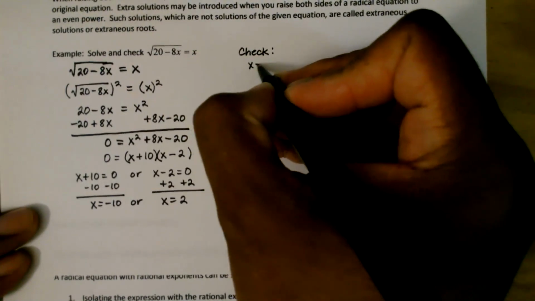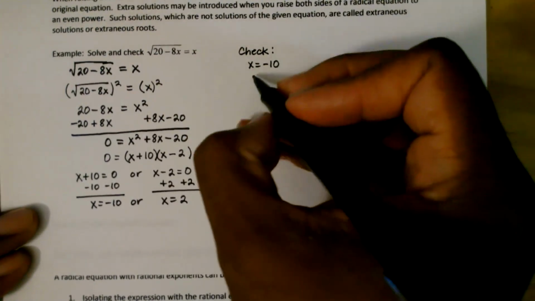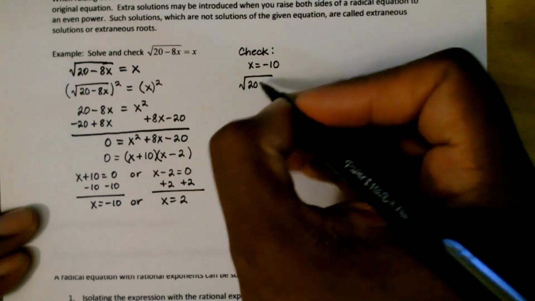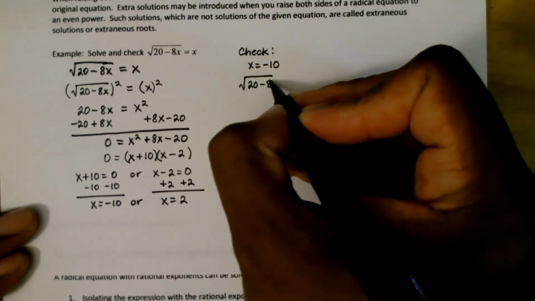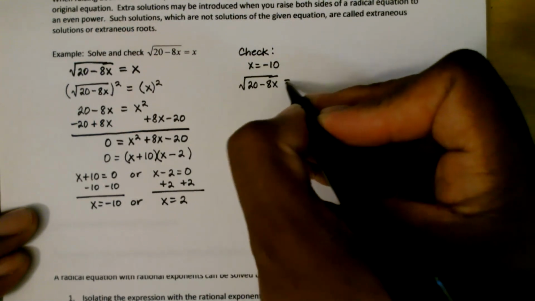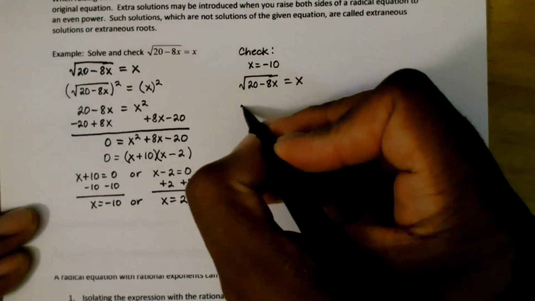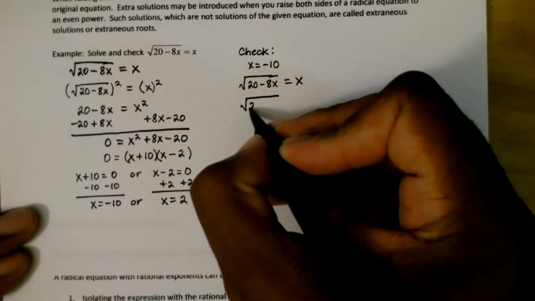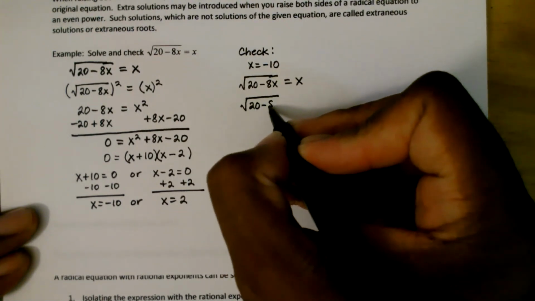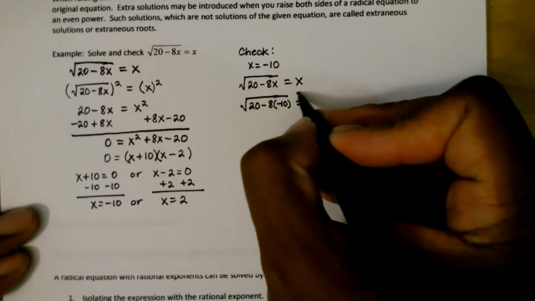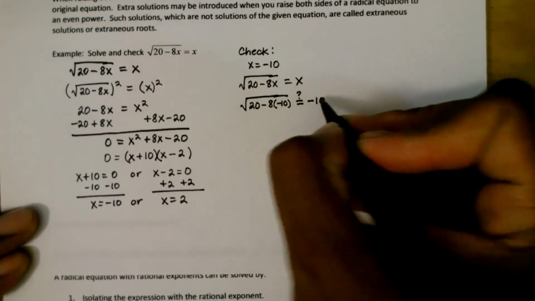And I'll start with x is equal to negative 10. And I'm using the original equation, the square root of 20 minus 8x is equal to x. And I'm going to substitute the x with negative 10. So on the left side, I got the square root of 20 minus 8 times negative 10. I want to know if that's going to be equal to negative 10.